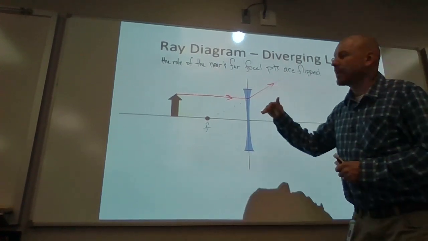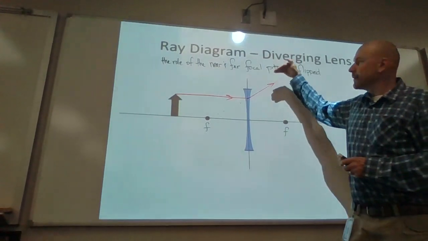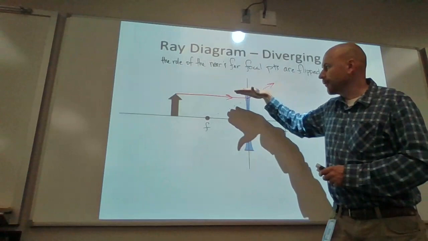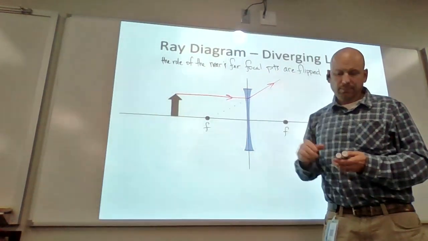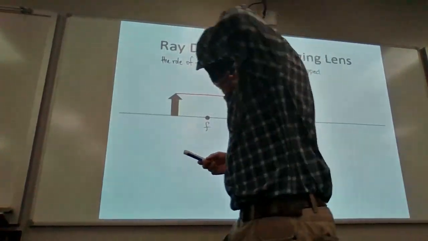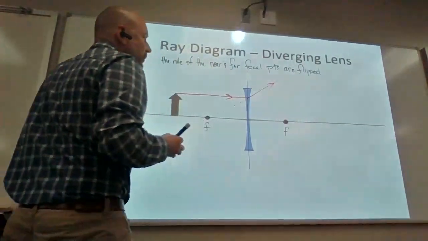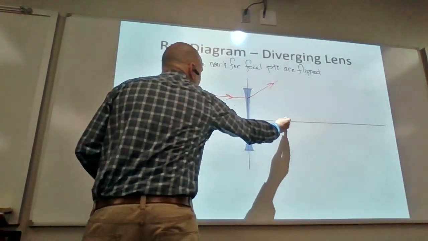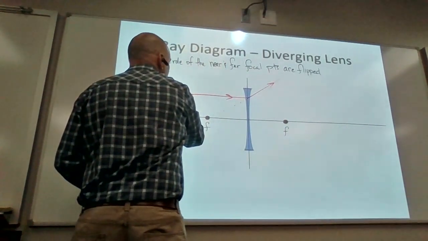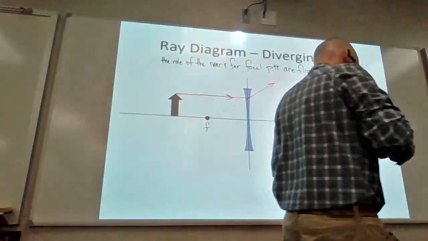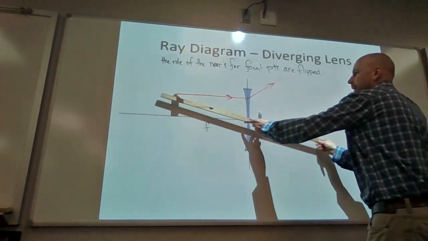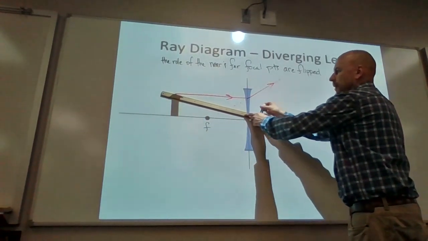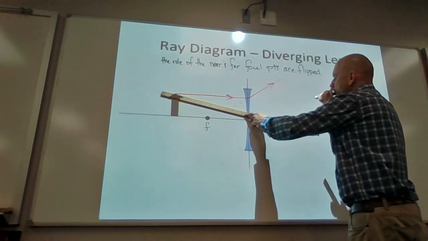Next ray reverses this. We're shooting at the far focal point and it refracts parallel. This is the most complicated one in my opinion. I'm shooting at the far focal point, so I'm lining up my straight edge like this.